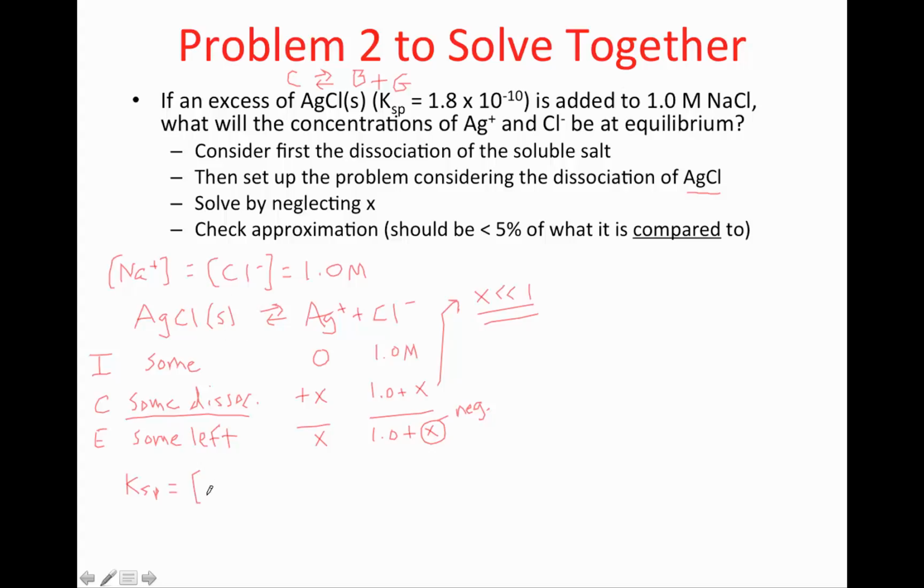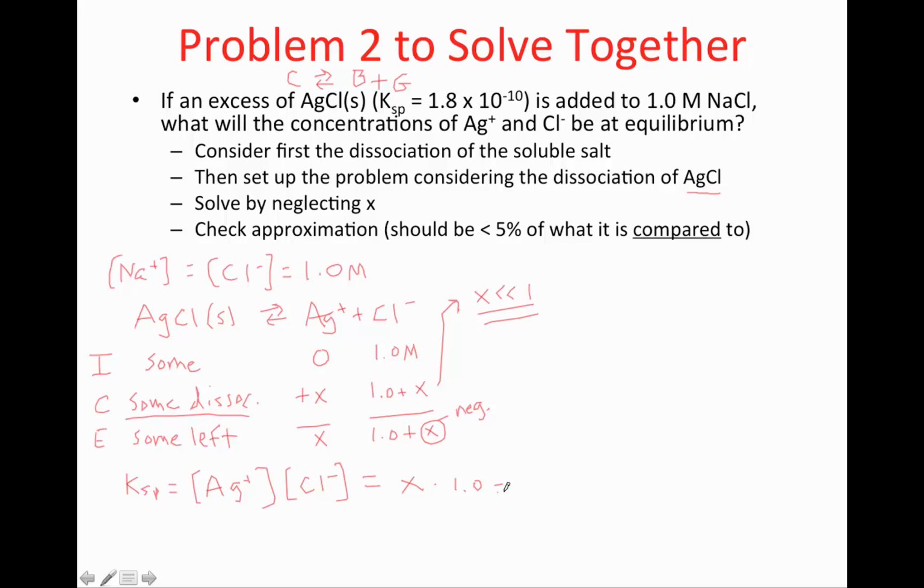So the Ksp is equal to the concentration of the silver ion times the concentration of the chloride ion. And now that we've neglected x, now that we've said this is something on the order of a penny versus $1 billion, this is so small it's insignificant. So now things get easy. Silver has a concentration of x, and chloride has a concentration of 1 molar.